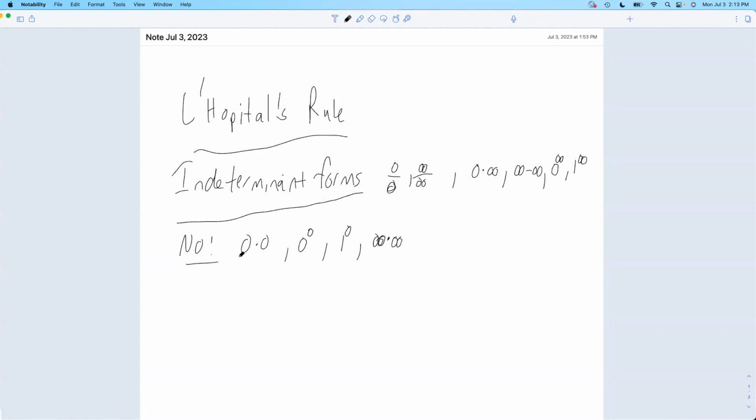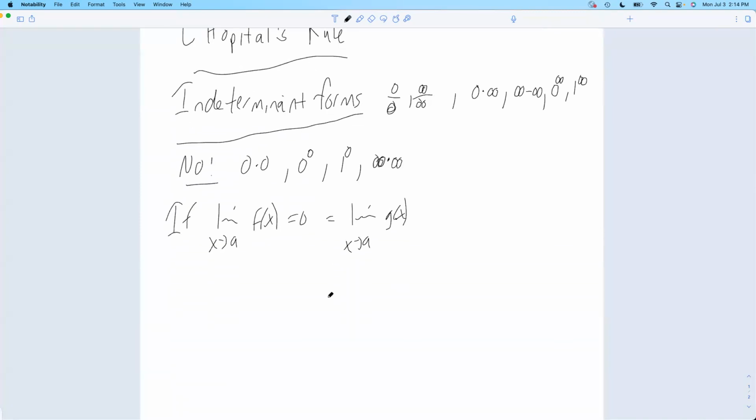Okay, so what does L'Hopital's rule say? So it says, if you happen to know a couple of limits, limit as say x approaches a of f of x equals 0, and limit as x approaches a of g of x. So say both of those limits are 0. You already know that.